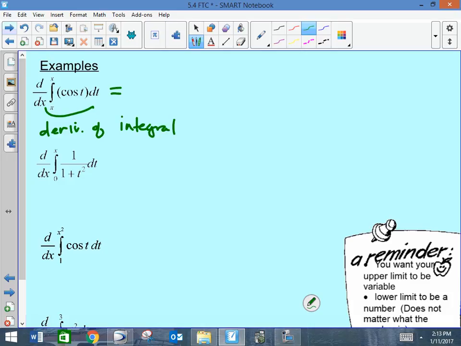So what should I do? I should just throw this x in for the t, and I'm done. Because I'm going to take the antiderivative, and then I turn around and take the derivative. I'm right back where I started, except I want it in terms of x, this variable right here. This can be any constant.